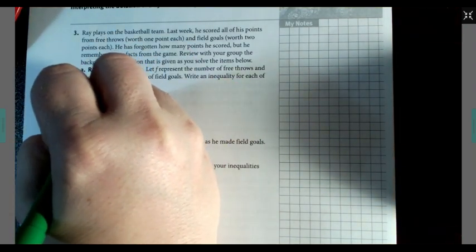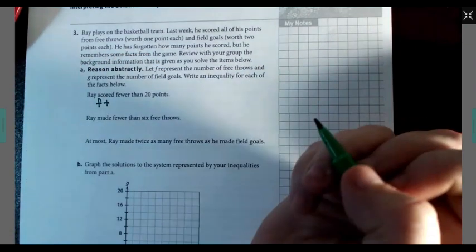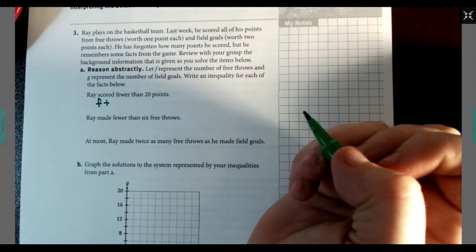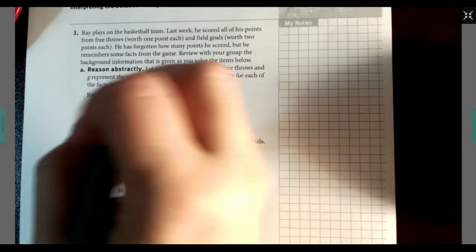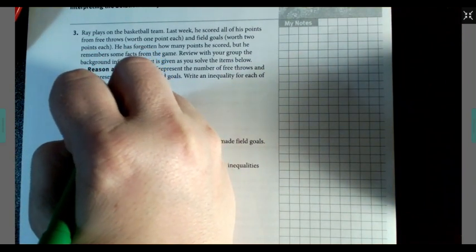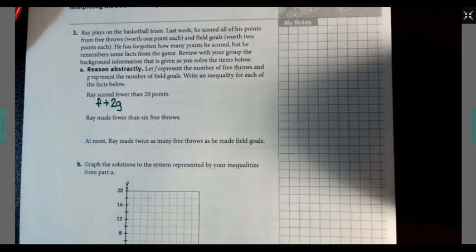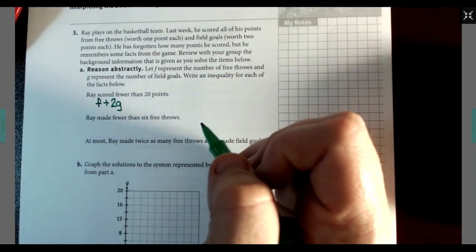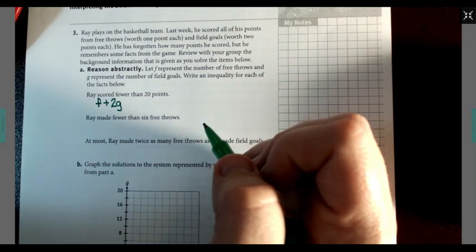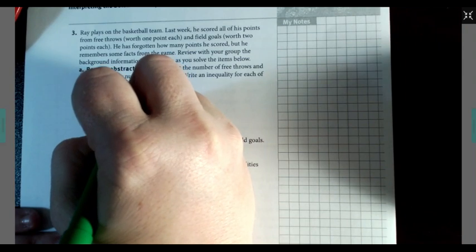So we'll say F plus, how many field goals, how much is each field goal worth? 2. So we're going to say 2G, because each one of those was 2 points. And those points added together is fewer than 20. So that would be less than 20.